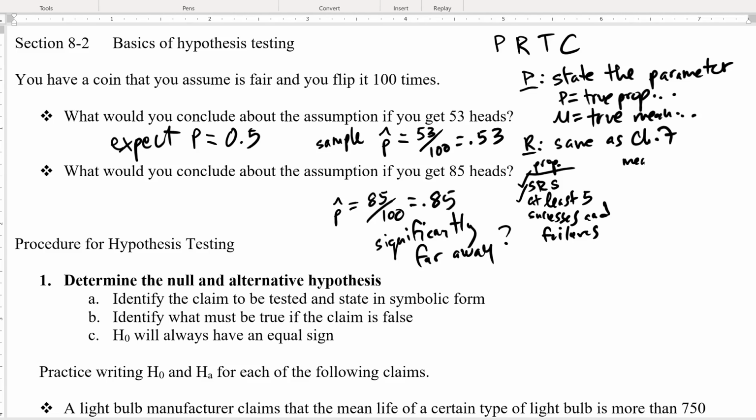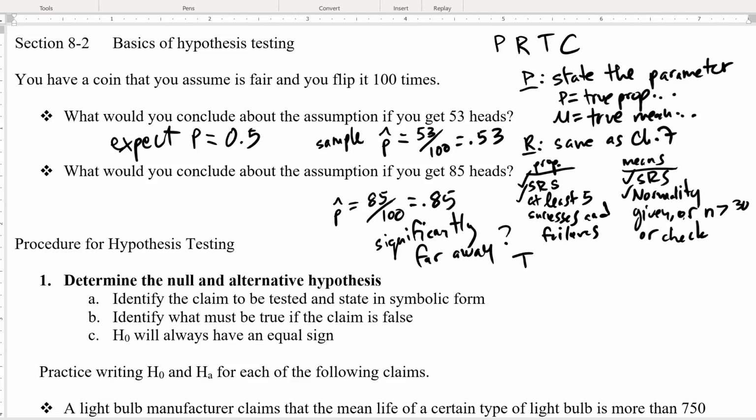For means, well, SRS. How do we get normality? Well, either it'll be given, or the sample size is greater than 30, then the central limit theorem comes in, or you check it. We said the box and whisker plot or a normal probability plot are my two go-tos on that.